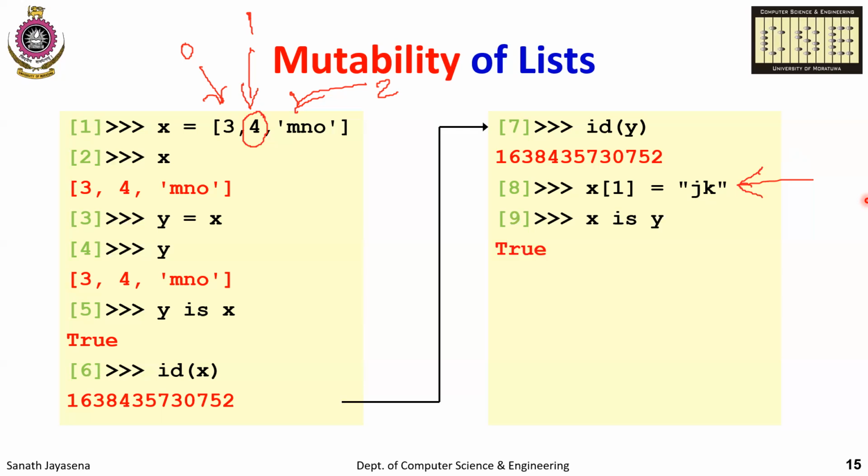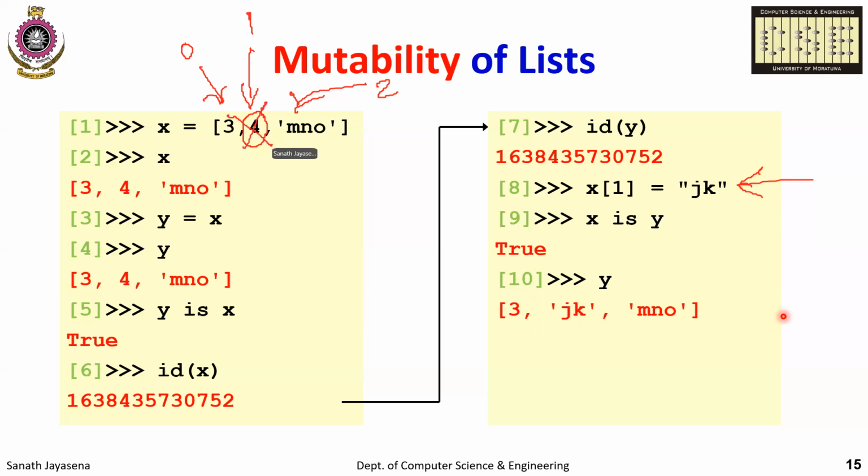Both being the same thing. Then we can check what is the value of Y. And see, Y is referring to a list object whose first thing is 3, next one is JK, and next one is MNO. So what does this mean? It means this 4 actually got changed.